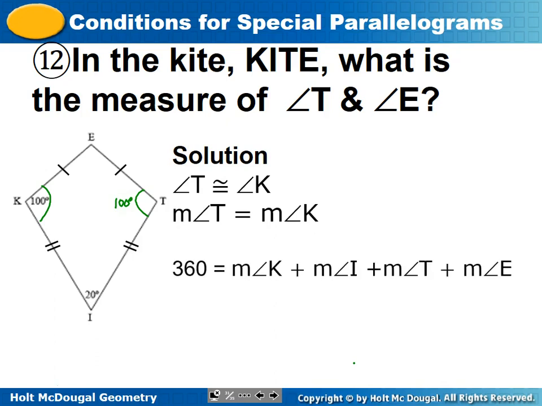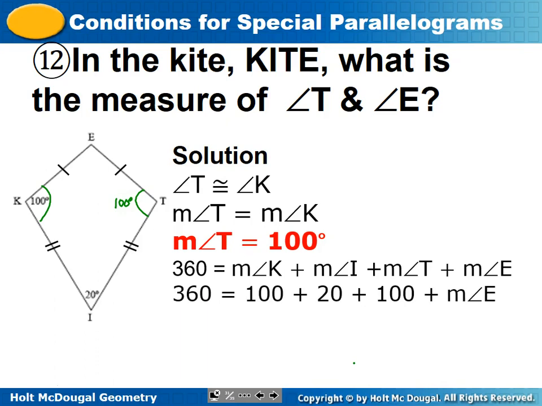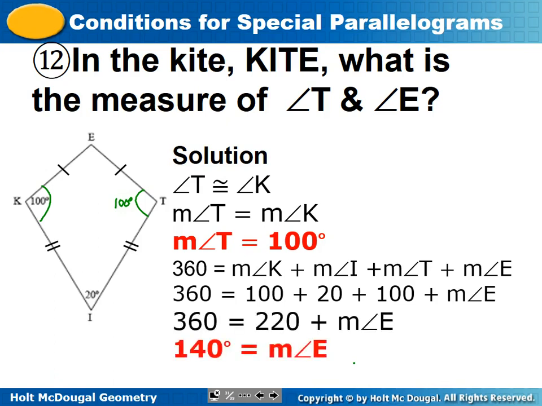We are going to add all four of them together, and they add up to 360. When I add 100 to 100, that's 200, plus 20, that's 220. We subtract the 220 from 360, and that gives us 140. So this angle up here would have been 140 degrees.